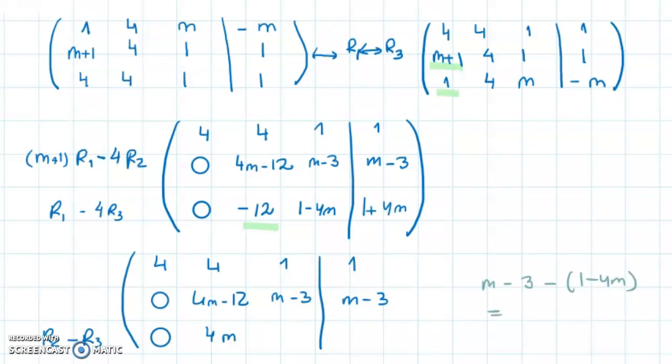So that's going to be m plus 4m and minus 3 minus 1. So that's 5m minus 4, sorry. And for the last entry, I have m minus 3 minus 1 plus 4m. Doesn't fit very well here, but this is giving me m minus 4m, so minus 3m minus 4.